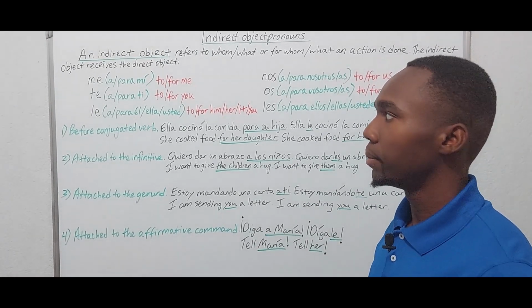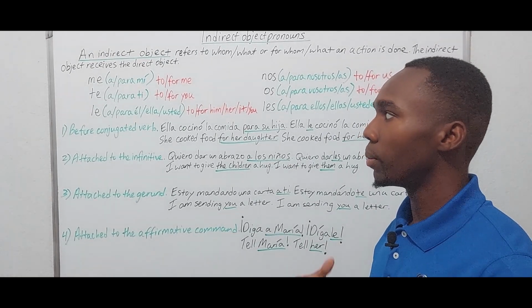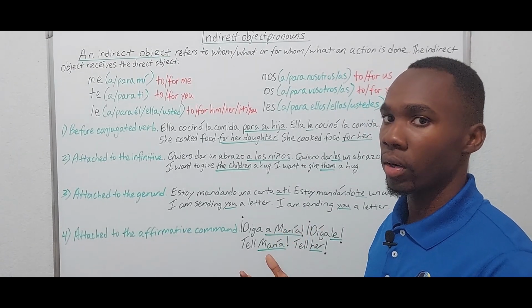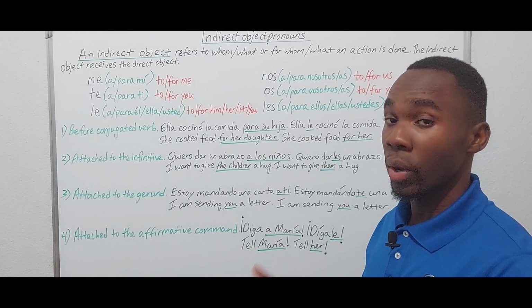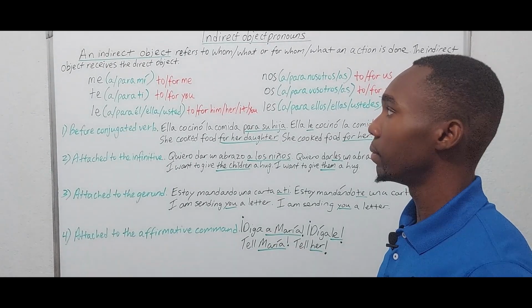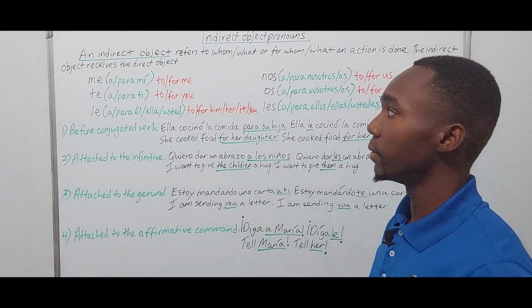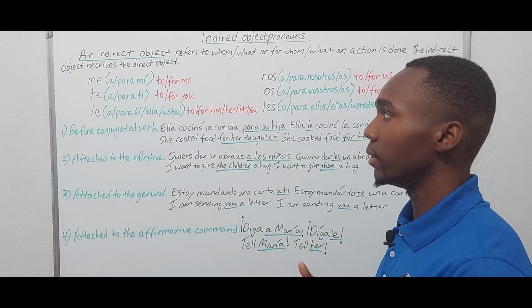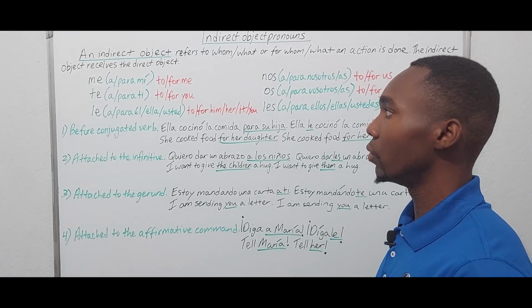So me would replace a or para mí. And of course, a and para will be to or for, because that's the question it's responding to, right? So a or para mí, meaning to or for me. Te replaces a or para ti, meaning to or for you.